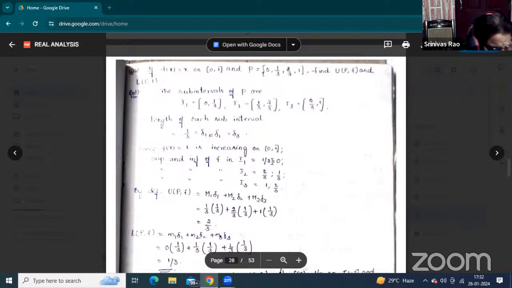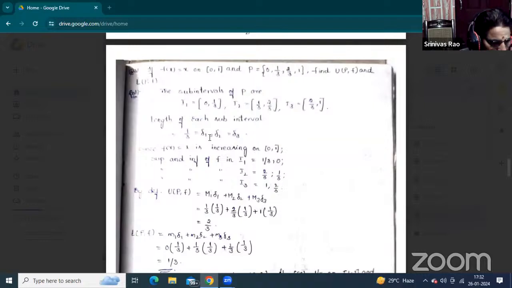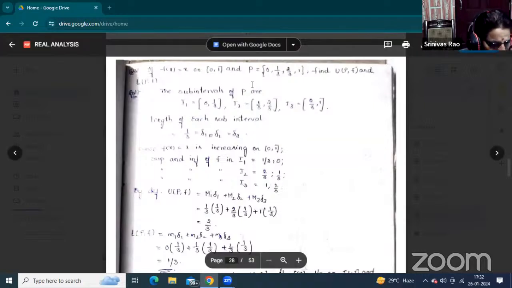Given the function f of x equal to x on the closed interval 0, 1, the partition is P equal to the set {0, 1 by 3, 2 by 3, 1}.